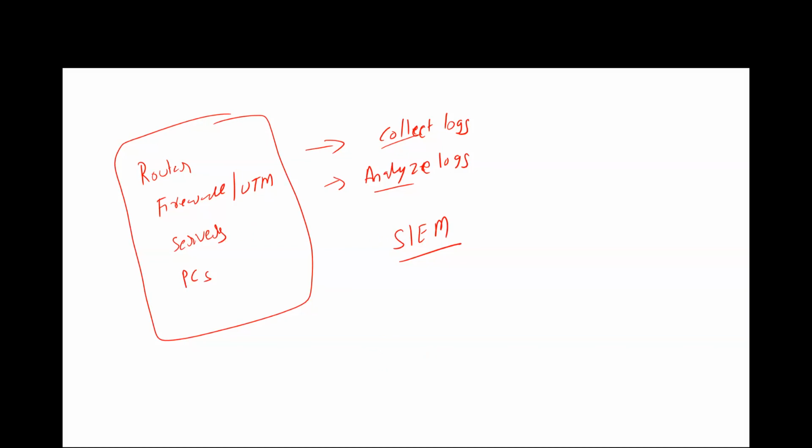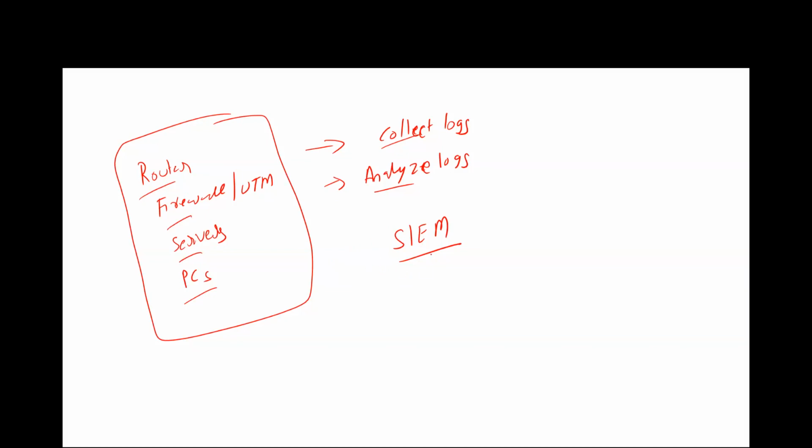this particular SIEM is not going to collect and analyze logs from only one device. It has to analyze the logs from all different kinds of devices, which may be from different vendors and different types. So this SIEM solution should understand how your Cisco ASA gives the log, how Storm Shield gives the log, how FortiGate gives the log.